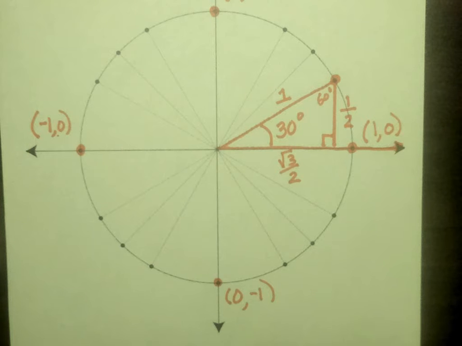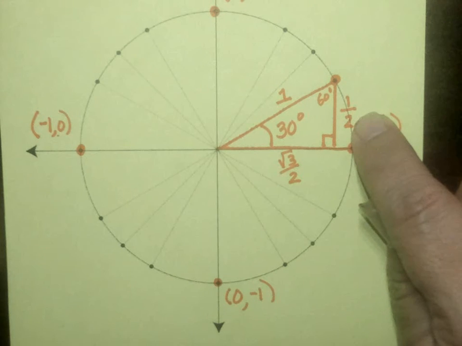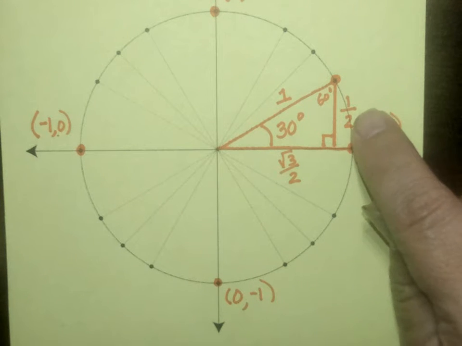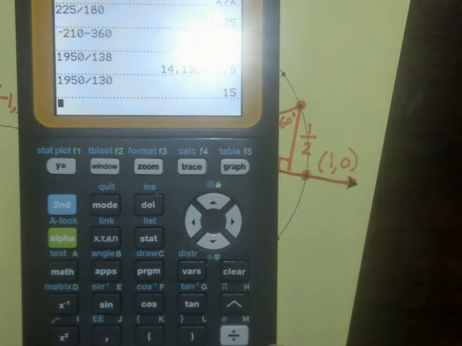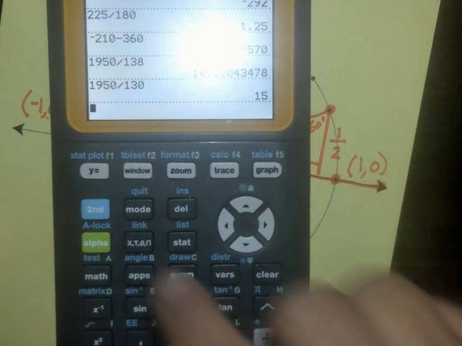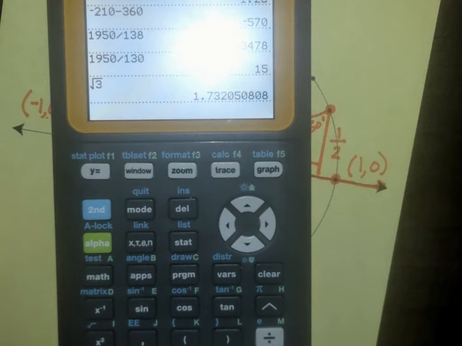Alright. Now, we're going to be seeing these numbers quite a bit, so I want us to have a feel for their value. So 1/2 is what in decimal? This is 0.5, right? But what about square root of 3 over 2? Take your calculator. Let's do the square root of 3 and then divide it by 2.